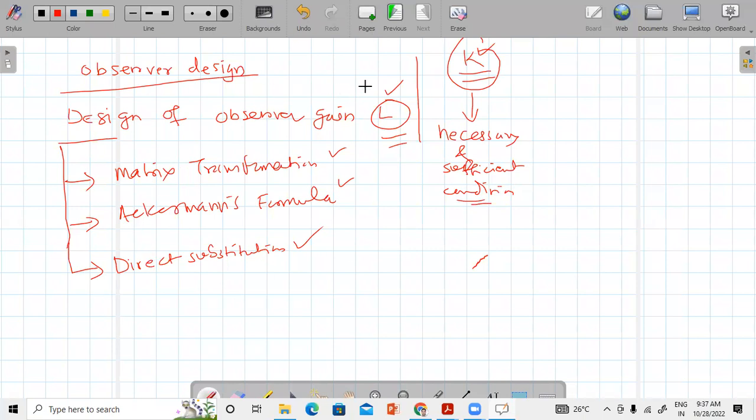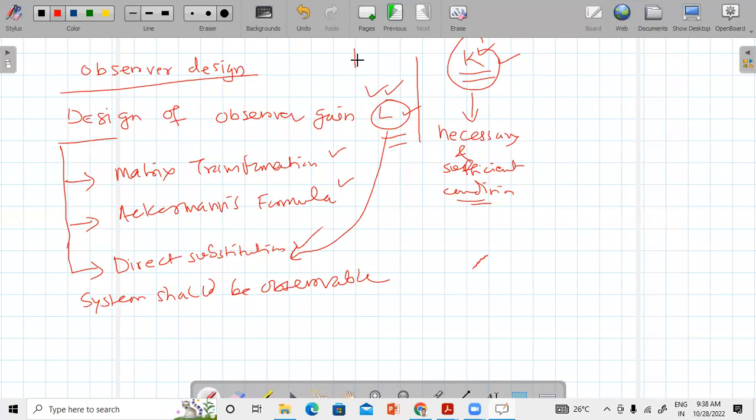Now, when I am designing L, what should be the necessary and sufficient condition here? जर का इथे मी म्हणत असेल की system should be controllable, then here for designing L, what should I say? System should be observable, correct? Sakshi, correct. System should be observable. So for K system should be controllable. For L system should be observable.